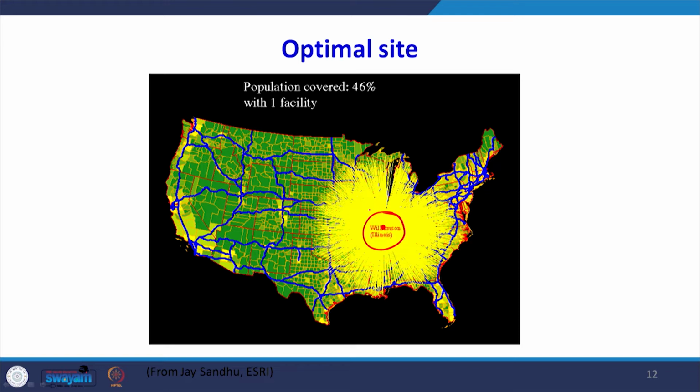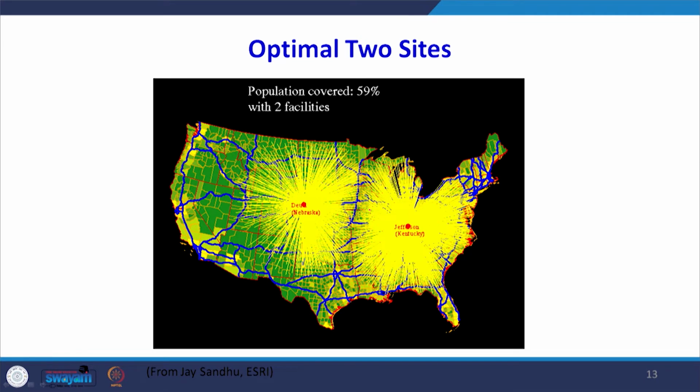Now, suppose Nebraska is another point. Suppose you want to open another warehouse at this particular location, which you get from the GIS based analysis, then 59% of the population area would be covered.